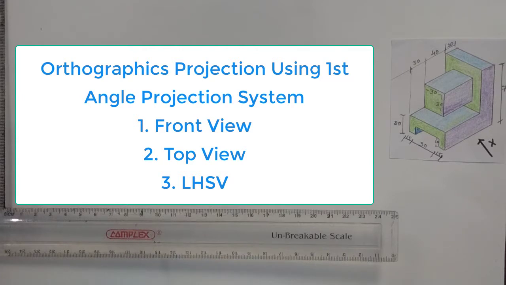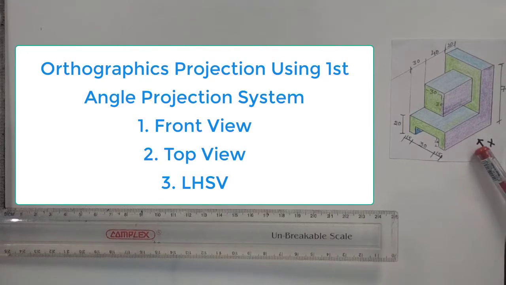So in this problem statement we have the isometric figures given, and the direction of the elevation, the x direction, is called the front view orientation.